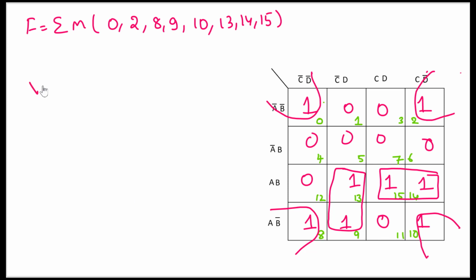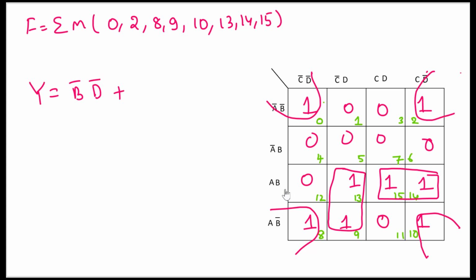Now if you write the output expression y, first take the quad. So these two and these two, that means if you look at here, this is C bar D bar and this is C D bar, that means you're going to have D bar. And if you look at this A bar B bar and A B bar, that means A is getting complemented, you're going to get B bar D bar for the quad.